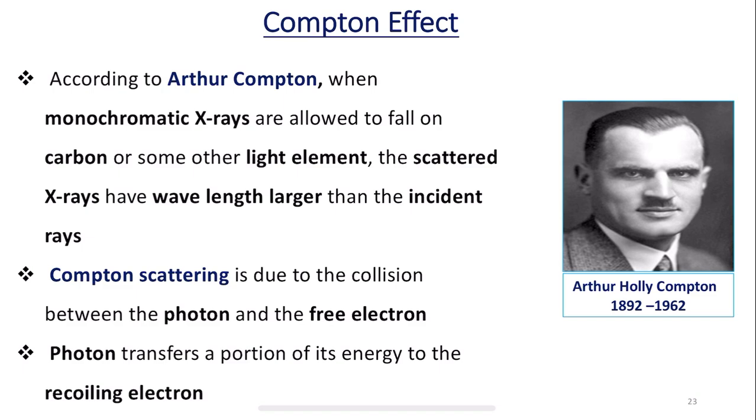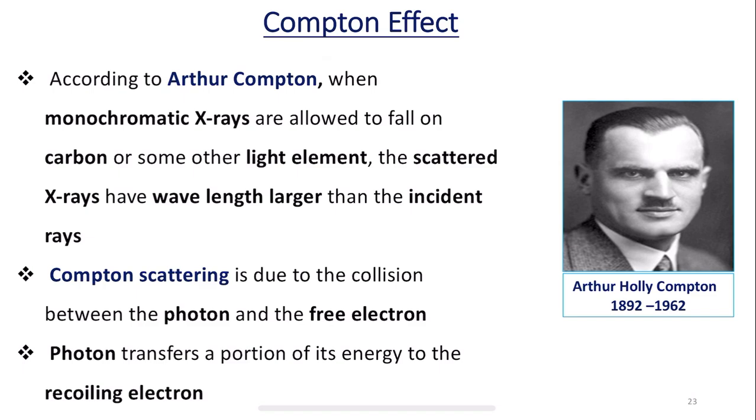In this session, we are supposed to understand what the Compton effect is. The Compton effect was first discovered by Arthur Holly Compton. It is defined as the effect observed when X-rays or gamma rays are scattered by a material with an increase in wavelength.